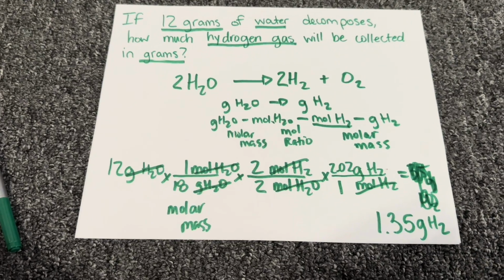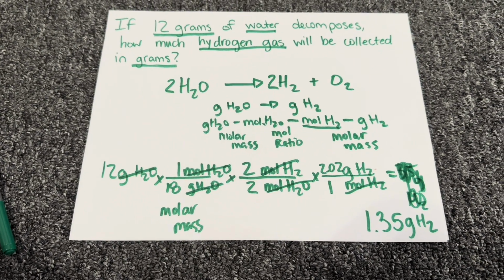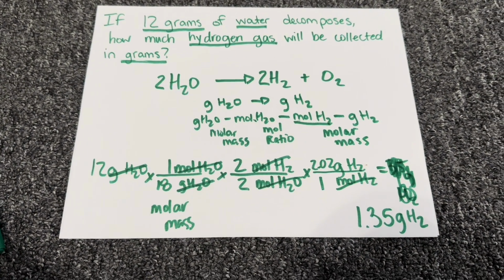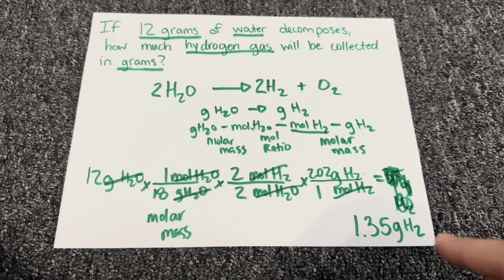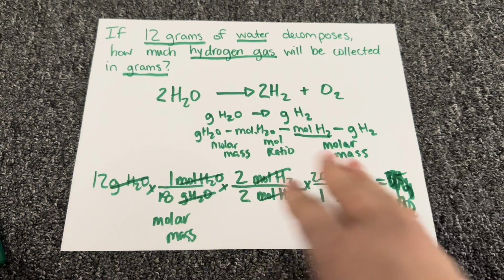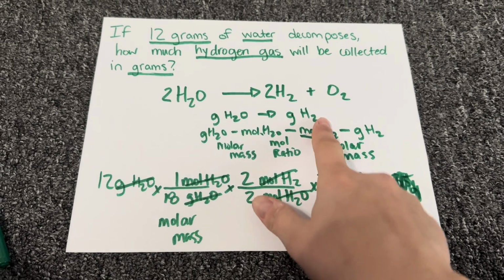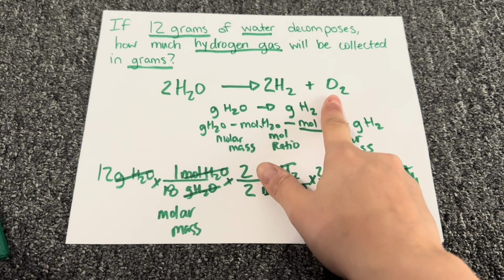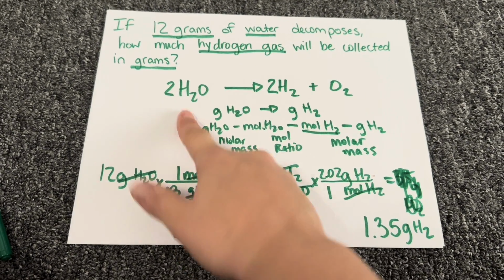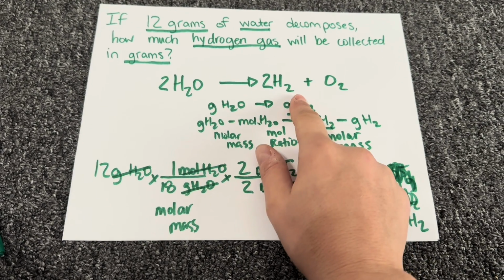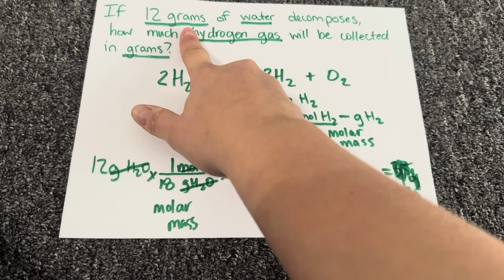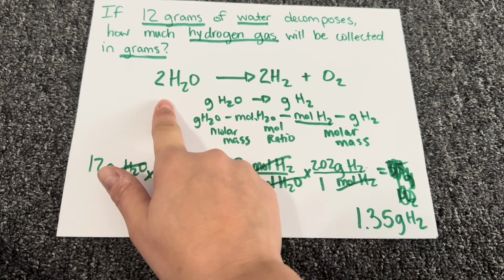A lot of these problems, you can ask yourself at the end, is my answer appropriate? And a lot of times there's some overlap here. We could actually, without even doing another stoichiometry problem, predict the weight of our oxygen when this water is produced, because we know that mass is conserved. At the end, the weight of each of my products is going to need to equal this 12 grams at the beginning, because that's how much I started with.